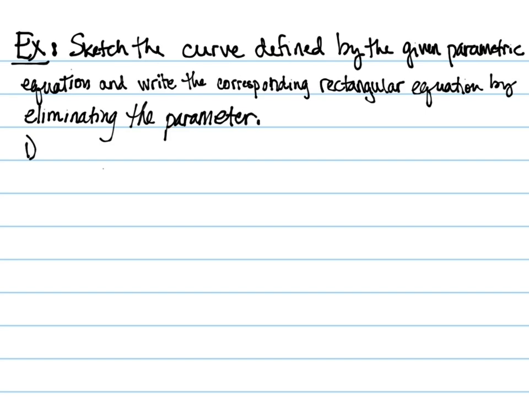And our parametric equations are x equals 1 plus 2 cosine t, and y equals negative 2 plus 2 sine t.